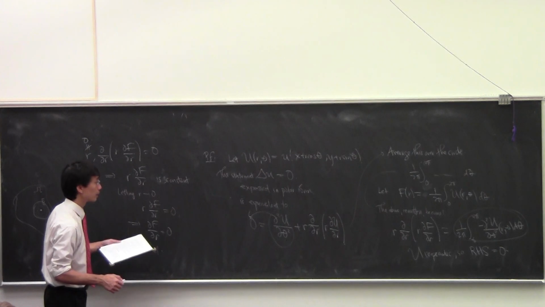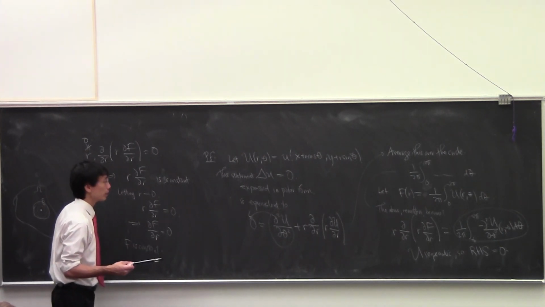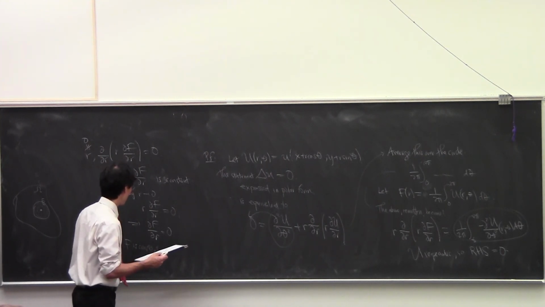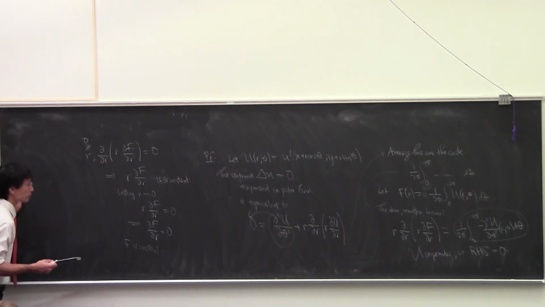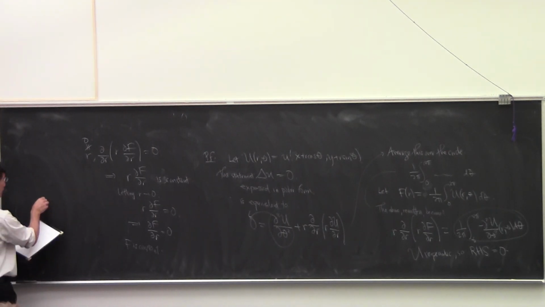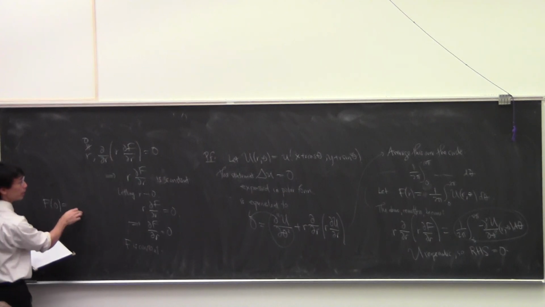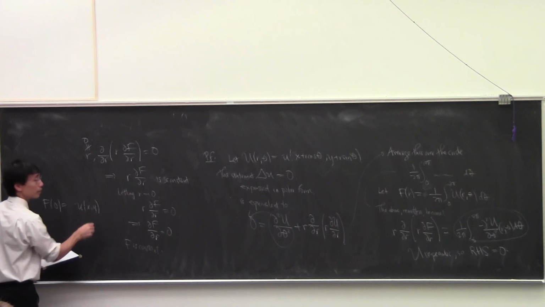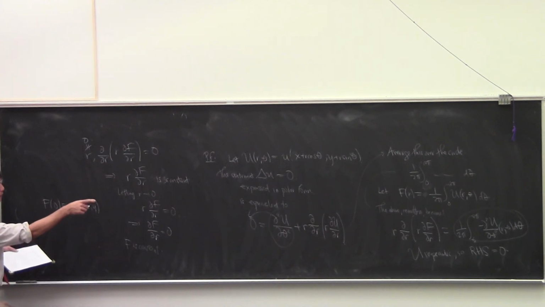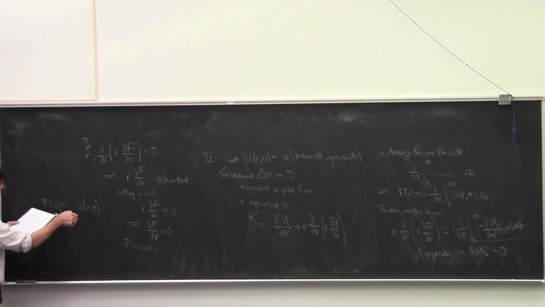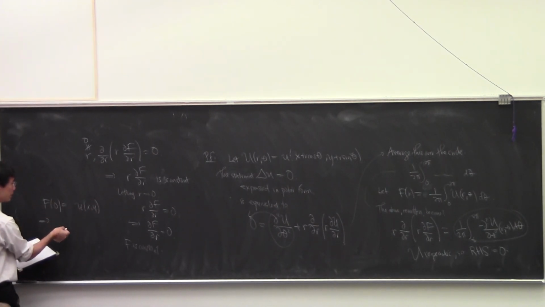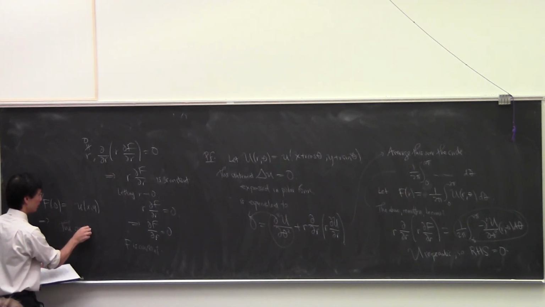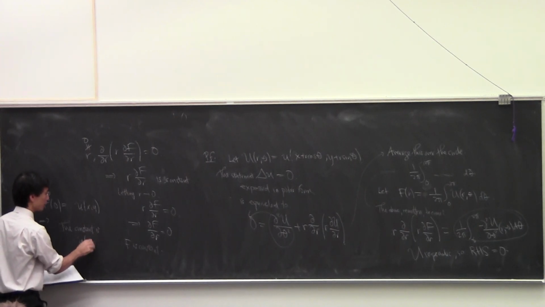But f is constant, and then you say, well, look, f at 0 is just U of x, y. Okay. f at 0 is U of x, y. And so we see that the constant is U of x, y.